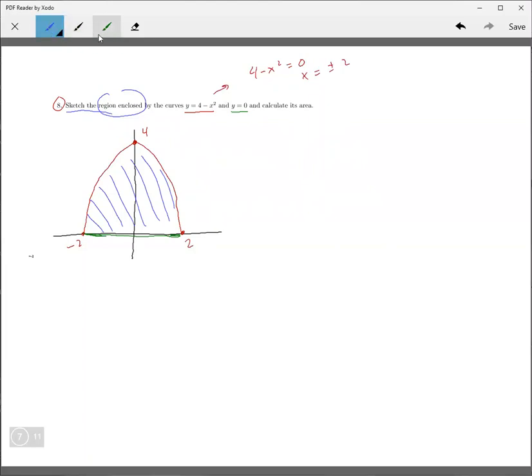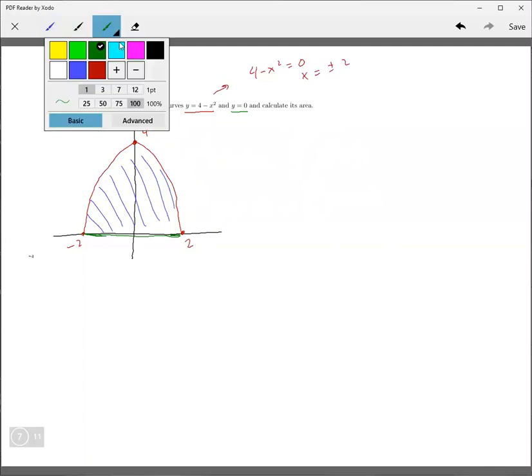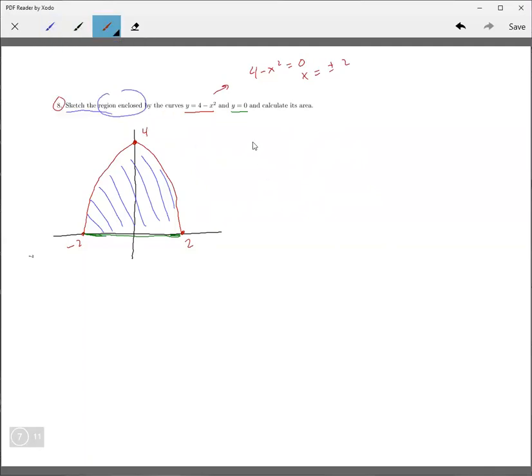Okay, and then we're supposed to calculate the area. Okay, so the area, that's going to be the integral from -2 to 2 of this function, 4 minus x squared.